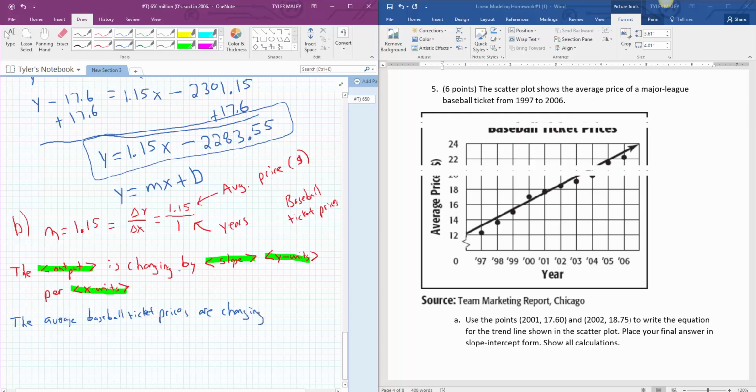I changed is to are just for our sentence structure. So the average baseball ticket prices are changing by, and then my slope is 1.15.